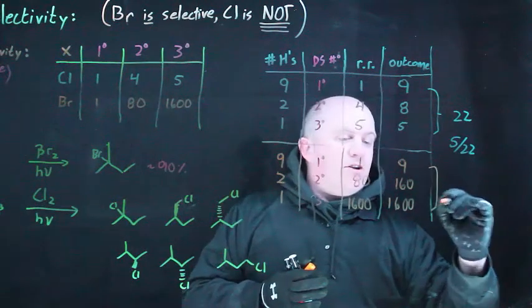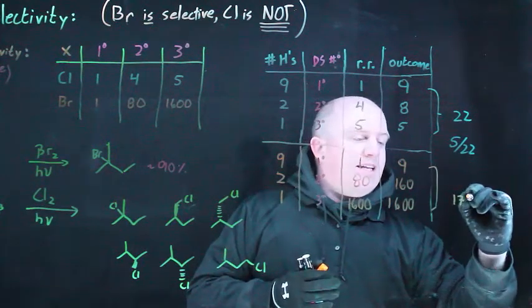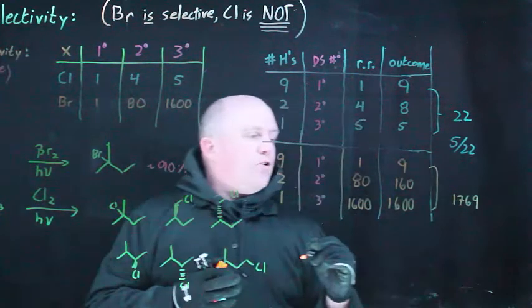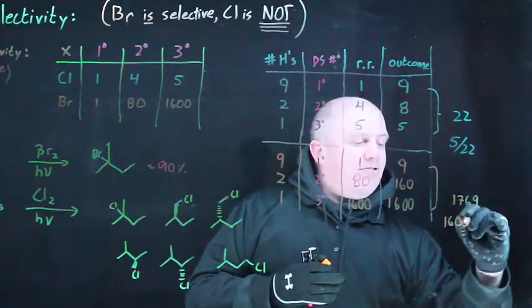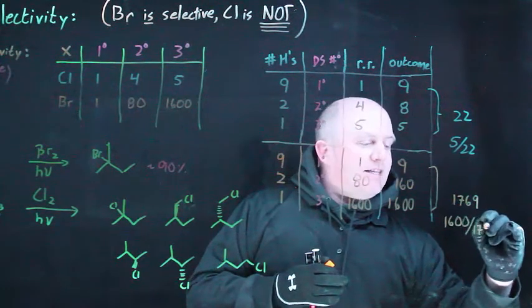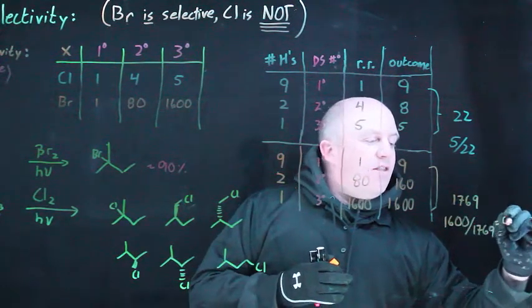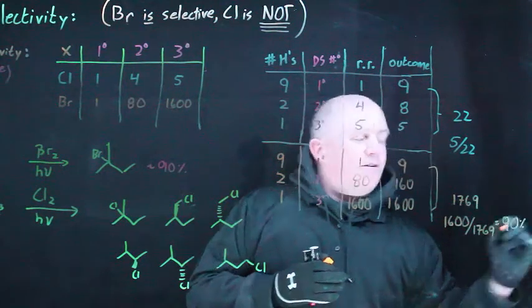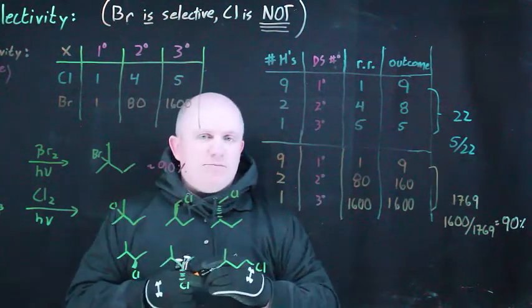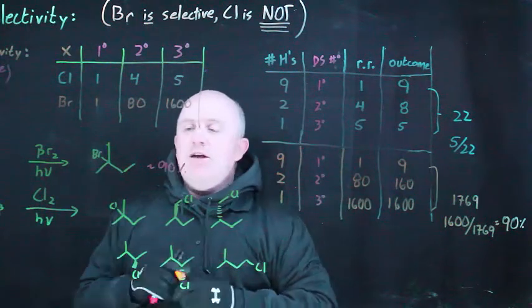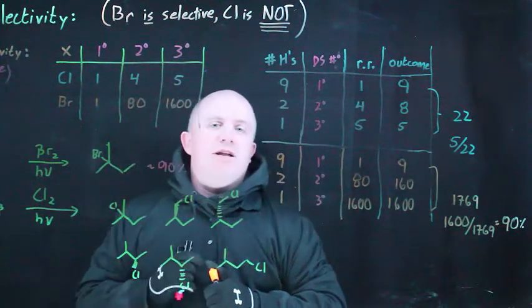Add these all together, and what you get is 1,769. And so your desired product is going to end up being 1,600 divided by 1,769 for your yield, and that's not bad. Now, you're going to get more than that in theory, but when it comes to actual purification and isolation, you can achieve a 90-ish% yield of this stuff.